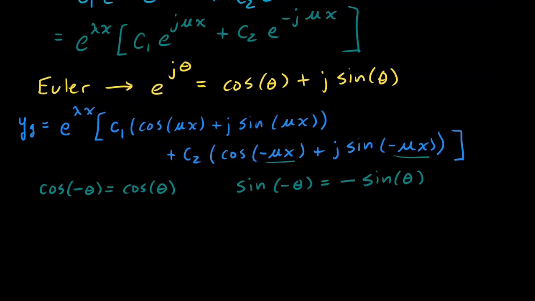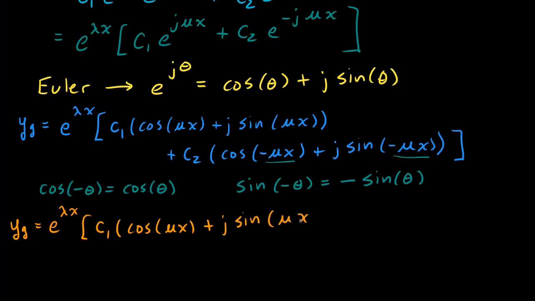So we're going to, again, rewrite our expression a little differently. Our general solution, y sub g equals e to the lambda x, and that's going to be C1 onto cosine mu x plus j sine mu x.